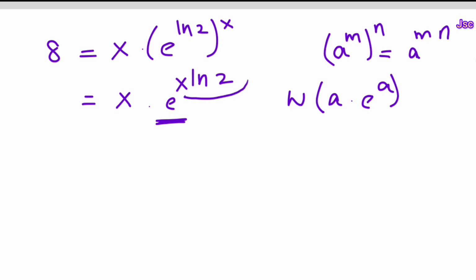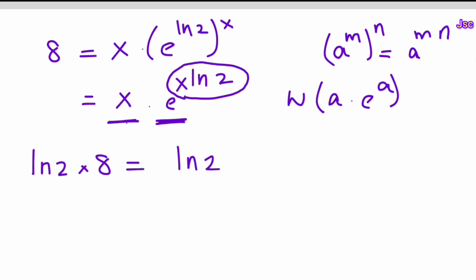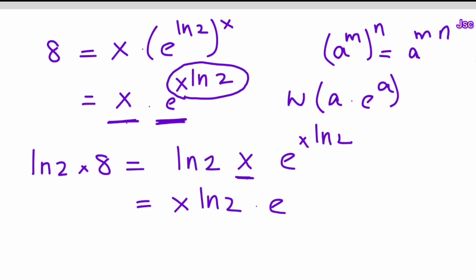So a turns into x ln 2. But here we have only x. So we need to multiply both sides by ln 2: ln 2 times 8 is equal to ln 2 times x times e^(x ln 2). So this we can write as x ln 2 times e^(x ln 2).